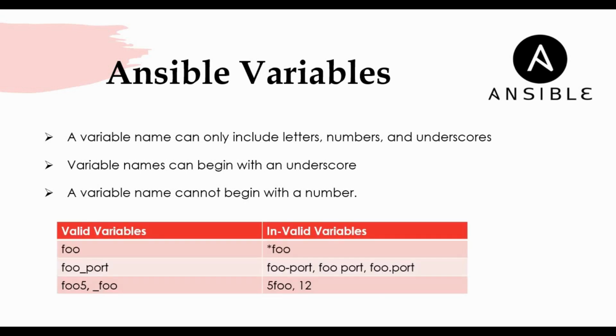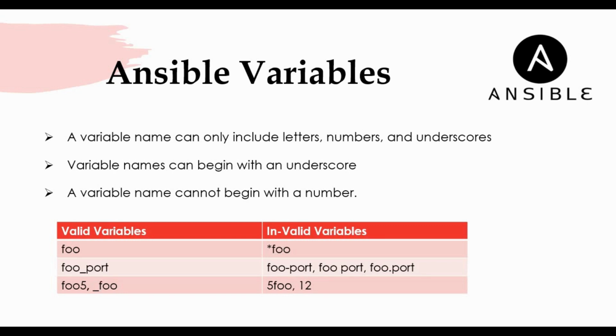Just to give some examples: what is a valid variable and what is invalid? For example, foo is valid, but if you start with a star, star foo, it's invalid. But if you use underscore, it's valid. For example, the third line, underscore foo, is valid. In the second row, foo underscore, the underscore is a valid character.